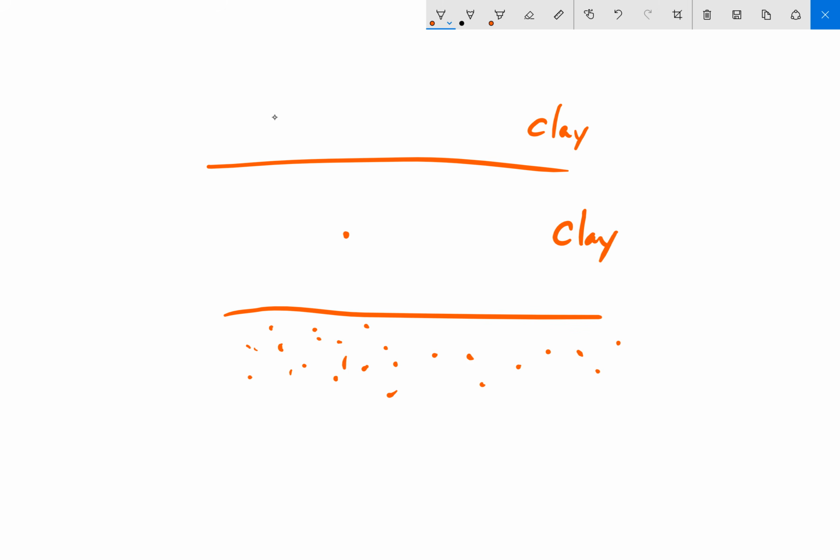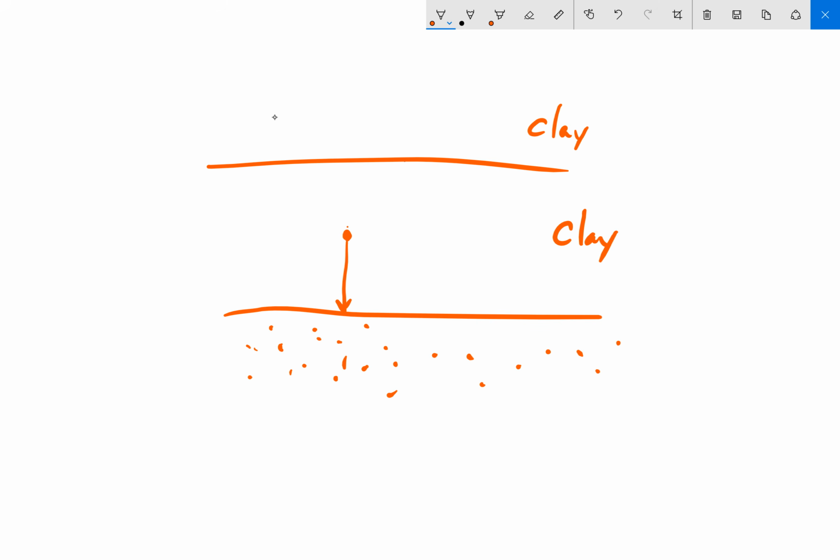If I go back to the middle of the clay layer, the water is not going to drain up into this clay because it has nowhere to drain to. The upper clay layer is just as impermeable as the lower one. So it's going to drain down into that sand. But remember, HDR is, by definition, the longest drainage distance that a drop of water would take to get out of the clay. So that's not going to be the case for this scenario.